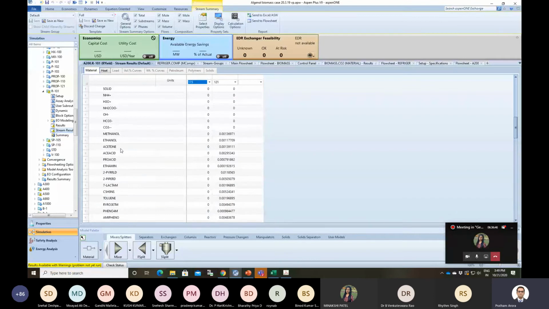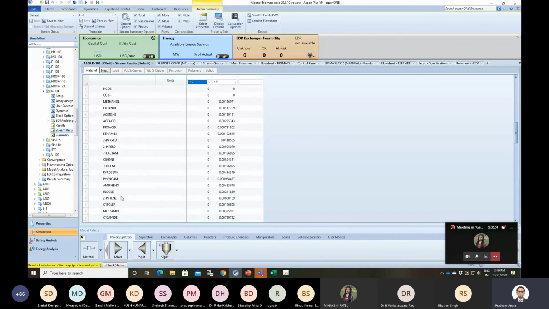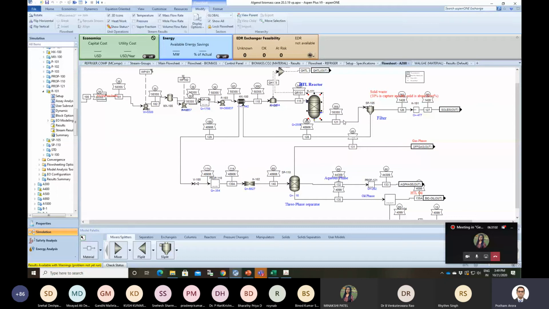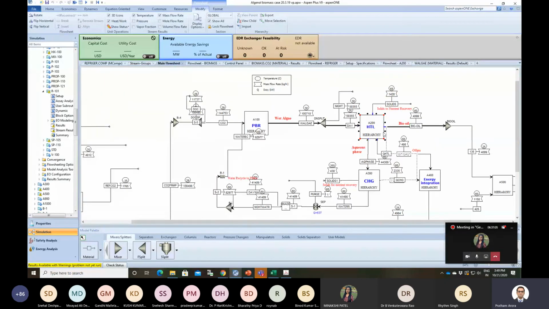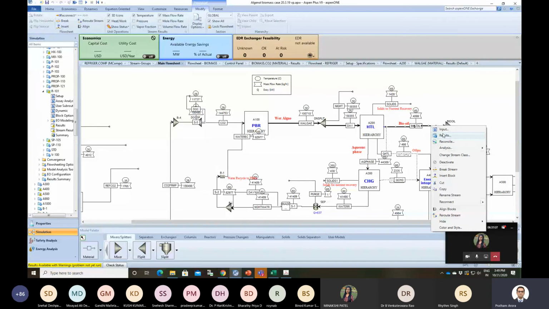It would have methanol, ethanol, acetone, acetic acid, propionic acid, and there's toluene, phenol, indole, and these are C15, C16, and C18 compounds. So Aspen gives you the feature of defining all these components. And I can also use this to get the final composition of the bio-oil.